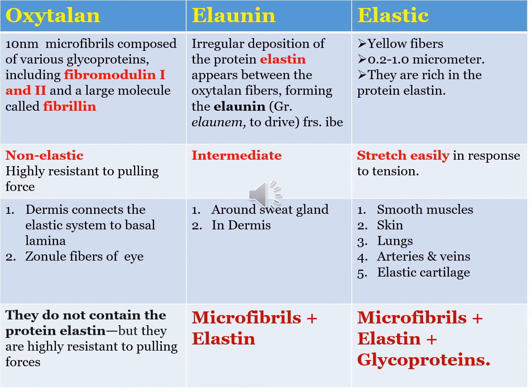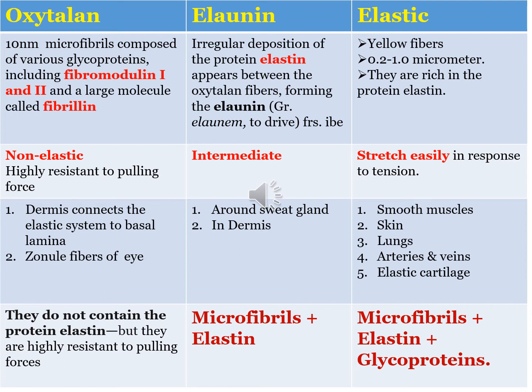Elaunin is the next step in which irregular deposition of elastin occurs between the oxytalan fibers, forming elaunin. They have intermediate elasticity and they are found around the sweat gland and dermis. So the first step was formation of only fibrillin, microfibrillin proteins, no deposition of elastin. In elaunin, irregular deposition of elastin occurs over the fibrillin proteins.